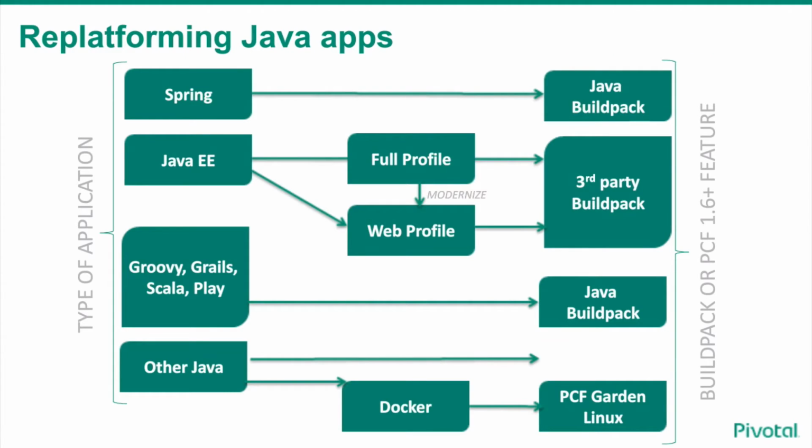More specifically, when you're looking at replatforming Java apps in terms of what Pivotal Cloud Foundry can offer you, Spring apps that don't have some of these no-nos that we were talking about before, you can go right to using the Java build pack. And you'll be quite happy. Spring Boot, Spring Framework applications, Java EE. It depends kind of how much Java EE you decided to use.